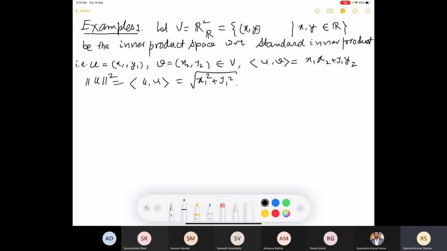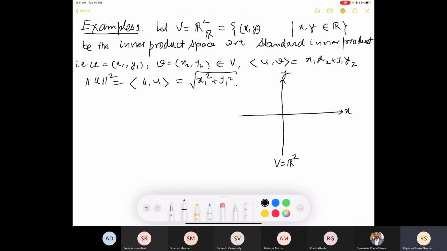So if you see carefully, this is the distance between the point u, that is x1, y1, and the origin. Let us say here V is R2, and this is the x-axis, this is the y-axis.